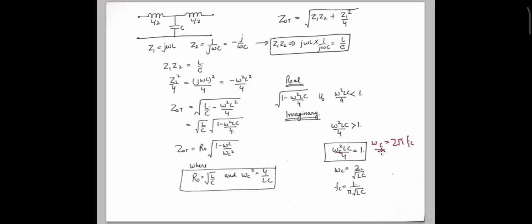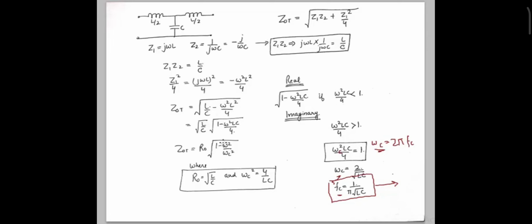So substituting omega c here, you get fc to be equivalent to 1 upon pi under root LC, which is the cutoff frequency of a low pass filter that we have already used in solving a few numericals in another video. So this is how we get this. The rationale behind setting this frequency as the cutoff frequency is now clear, because this is the point where the impedance shifts from being real to imaginary.